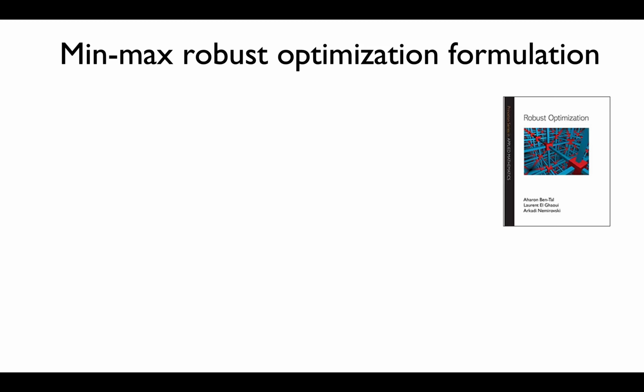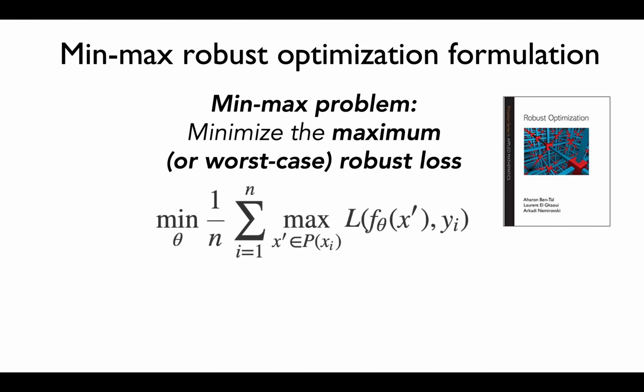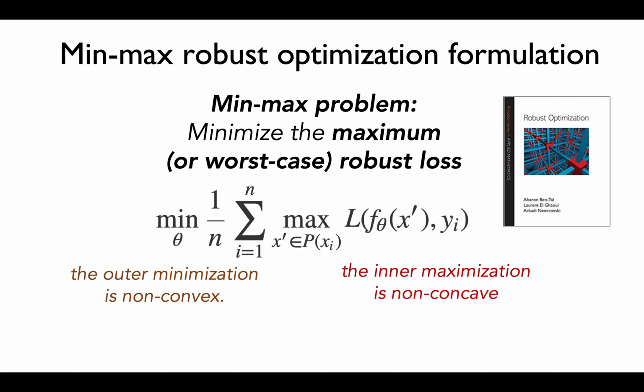If we look at the works on robust optimization, the min-max framework is quite prominent, in which you minimize the maximum, or worst-case, robust loss. This sort of formalization of optimization has been done in the setting of adversarial ML by people like Madry and his group. They've formulated this, but it turns out that this is a very difficult problem to solve because the maximization problem is non-concave and the minimization problem is non-convex.